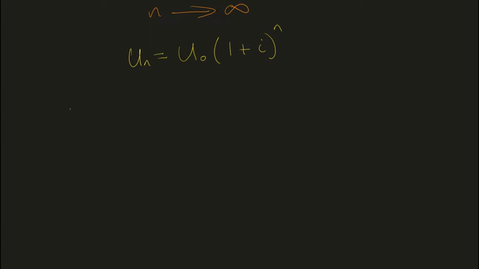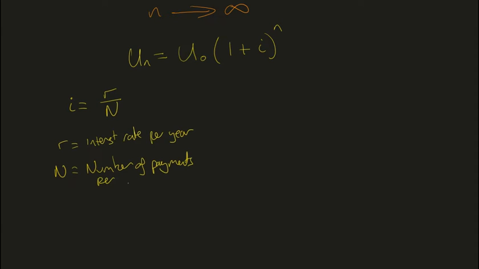First of all, let's say that I is equal to R over N, and we'll say that R is the interest rate per year, and N is the number of payments per year.